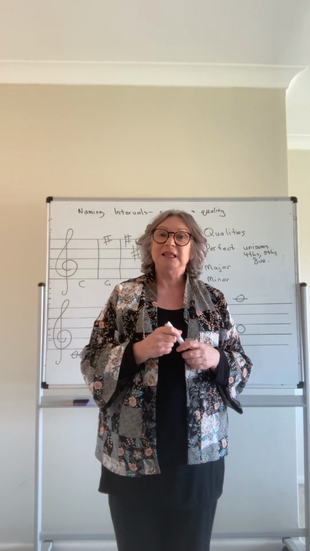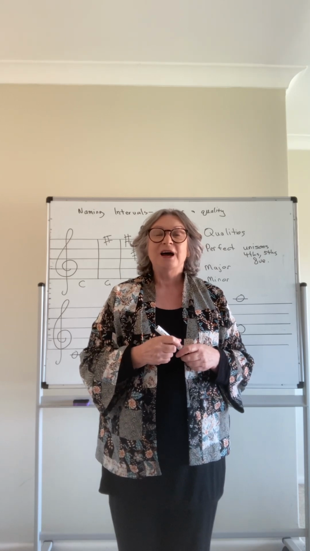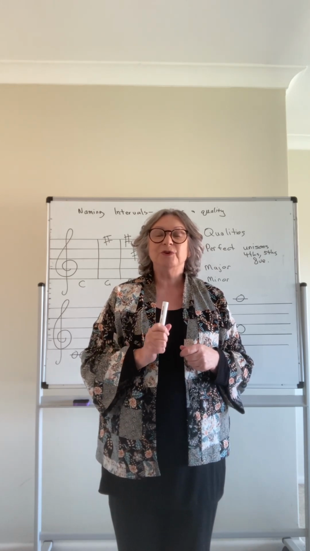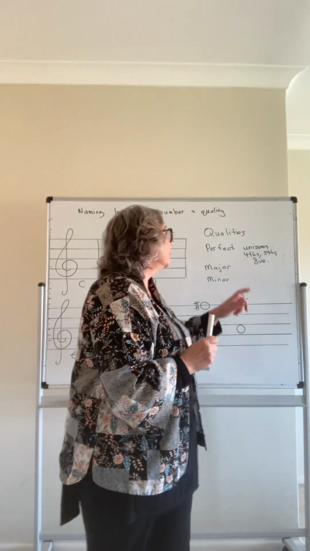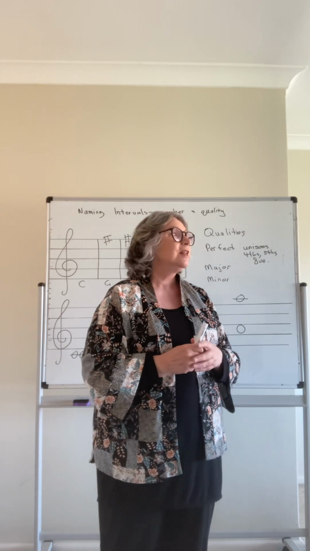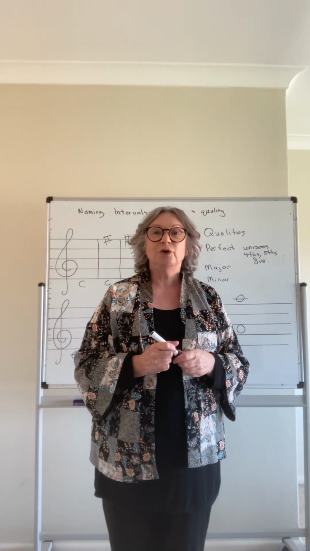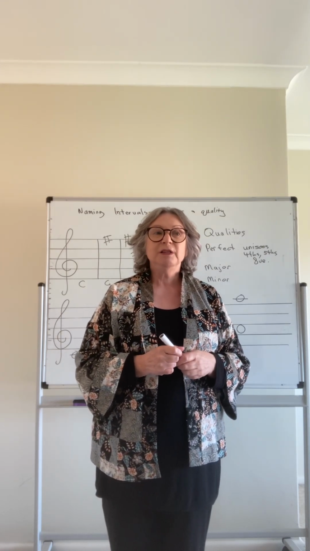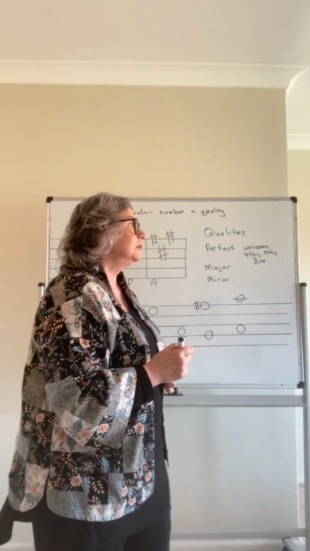If you want to know more about that, maybe Google it. But from a music point of view with theory, we just need to know unisons, fourths, fifths and octaves are called perfect. The other intervals can be major or minor. So naming them is fairly straightforward.